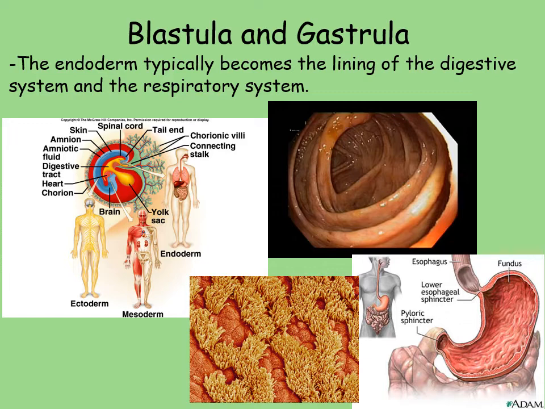So it becomes the lining of the digestive system along with the lining of the respiratory system. Okay, so lining all of your different digestive cavities as well as your lungs and the other parts of your respiratory system, that would all develop from the endoderm.